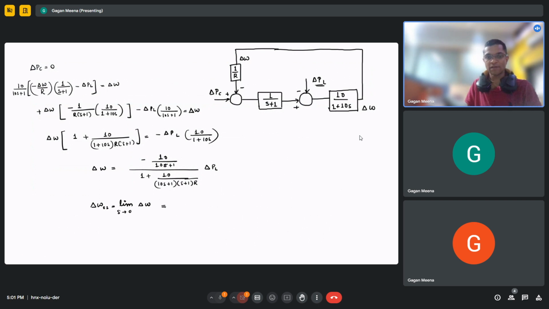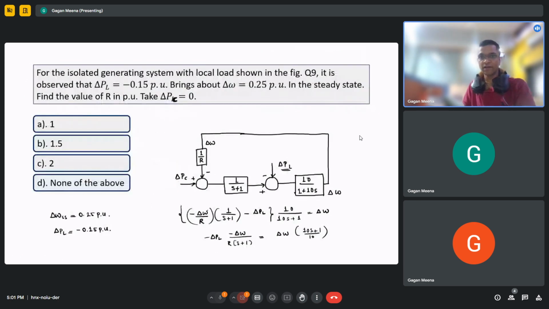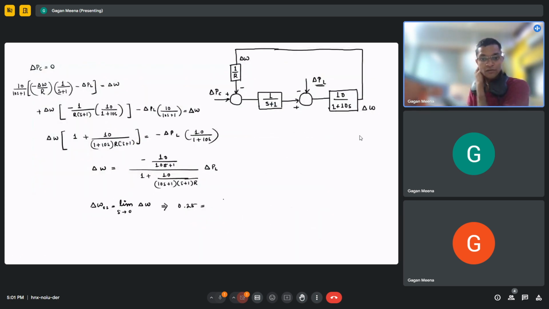So this becomes 0.25. Delta omega steady state is 0.25, right? Substitute s equals 0, so this is minus 10 divided by 1 plus 10 by R, and this is minus 0.15.